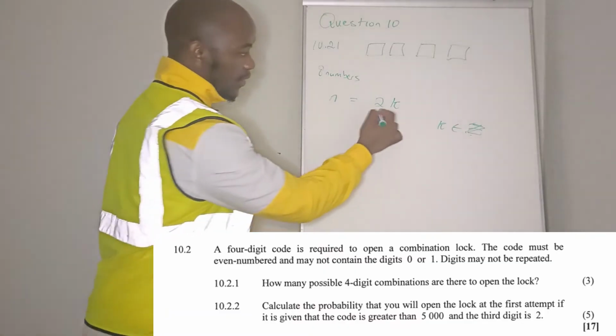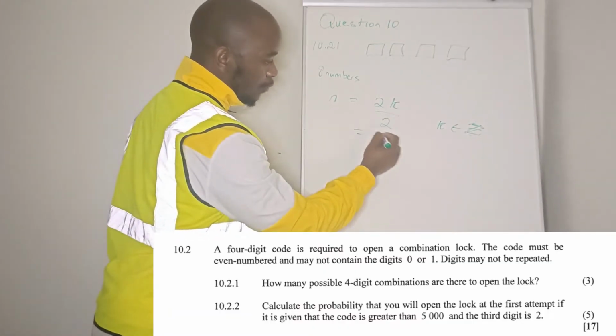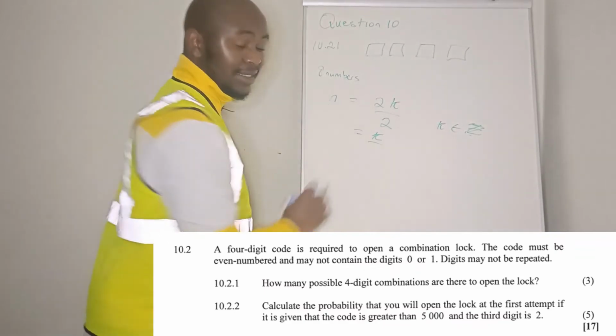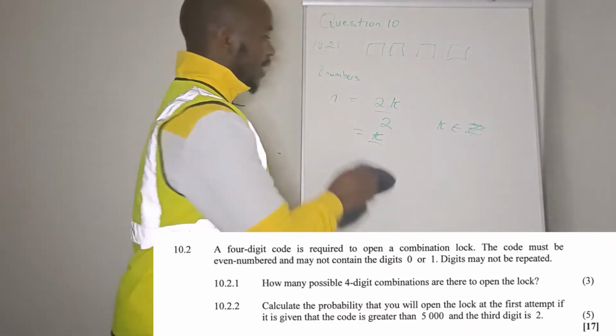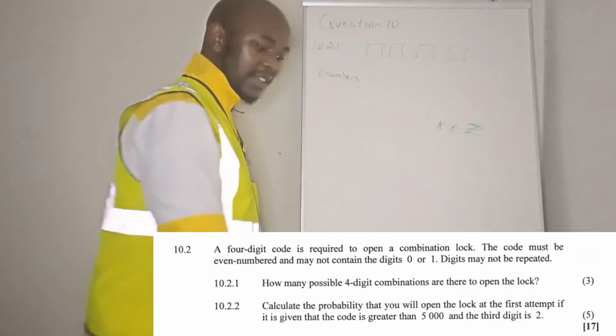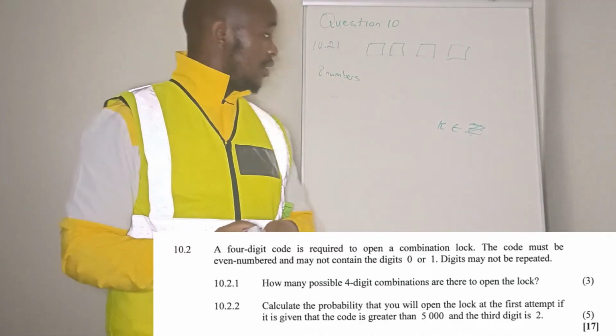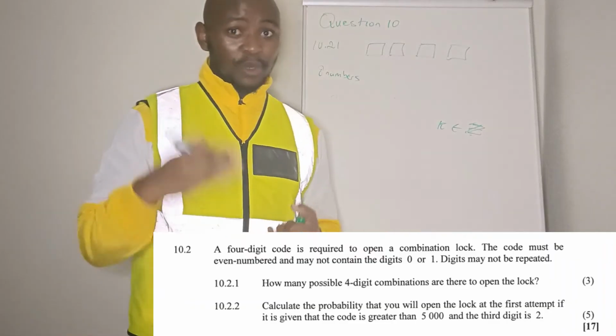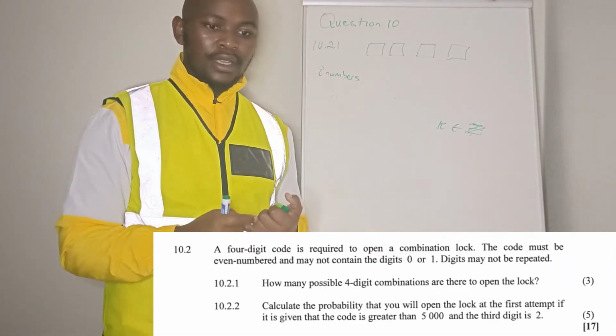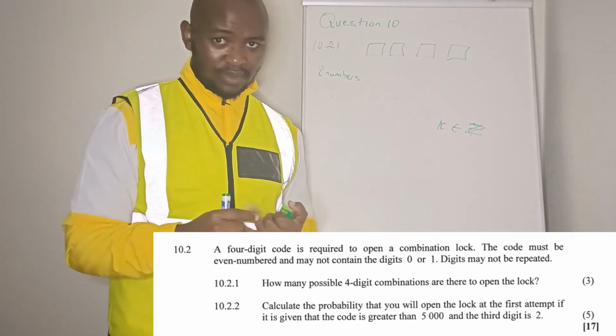And we see that here, if we divide by 2, we are going to be left with k, and therefore n is the even number. But this can be a little bit confusing. So instead of that definition, I'm going to give you an easier one. 2 is an even number.